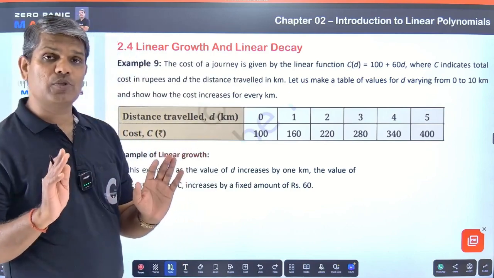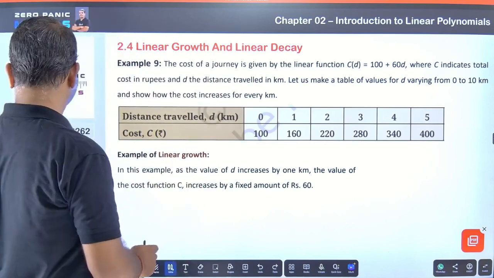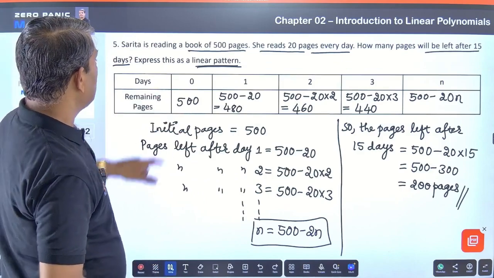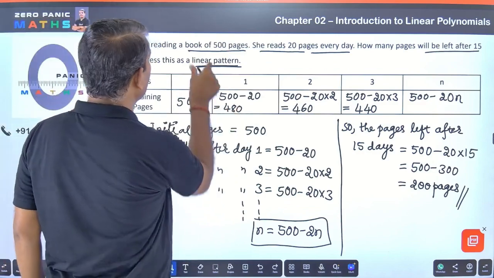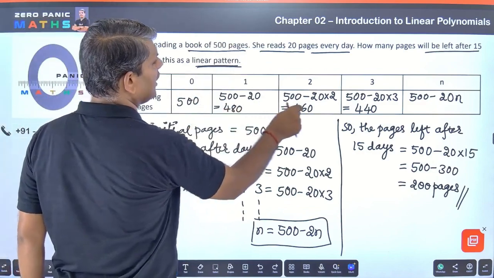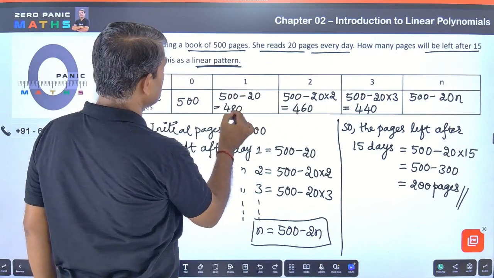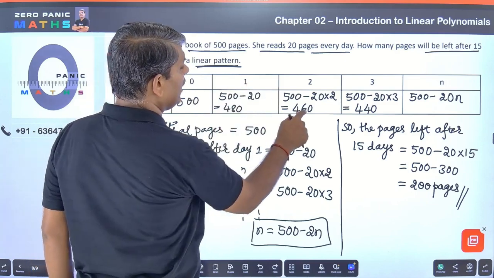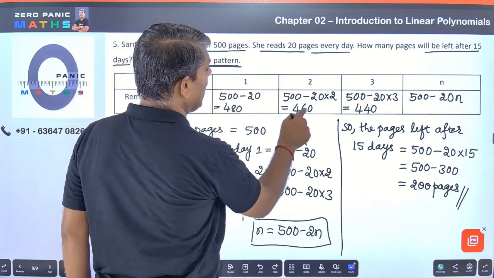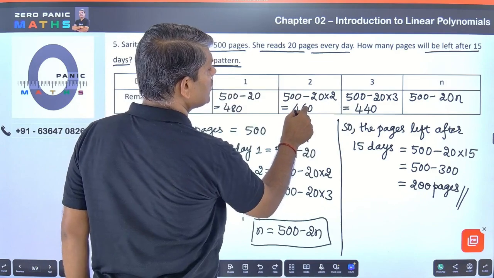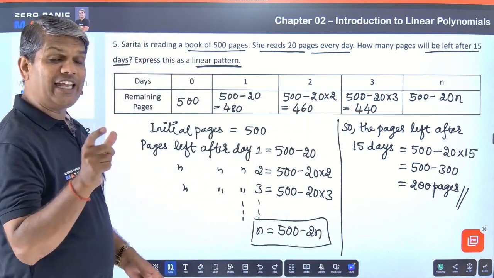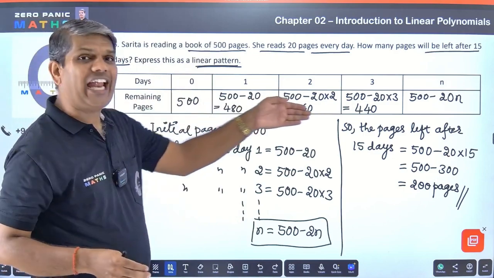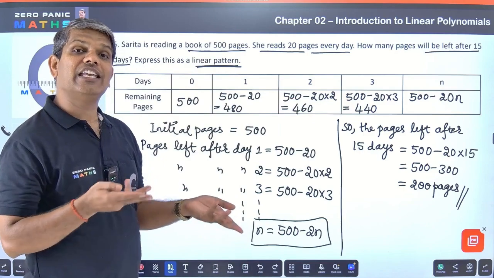If you observe carefully for the previous two problems, here in this problem a constant decrement in the initial value is getting done. What is the constant decrement? From 500 to 480 it is 20, again 20 from 480, again 20 decreased from 460. So 20 is the constant value that is getting decayed. That is what is called linear decay.